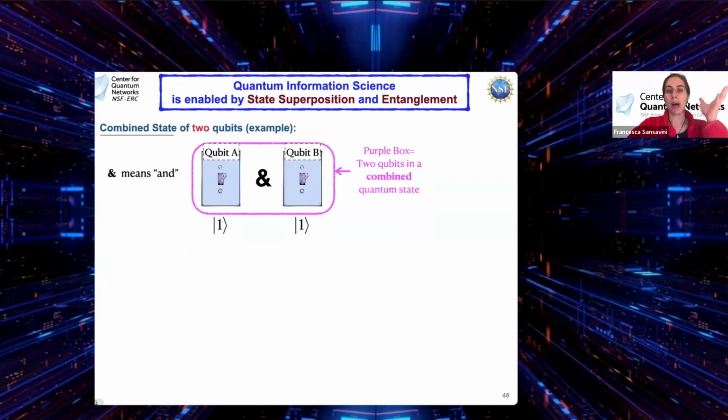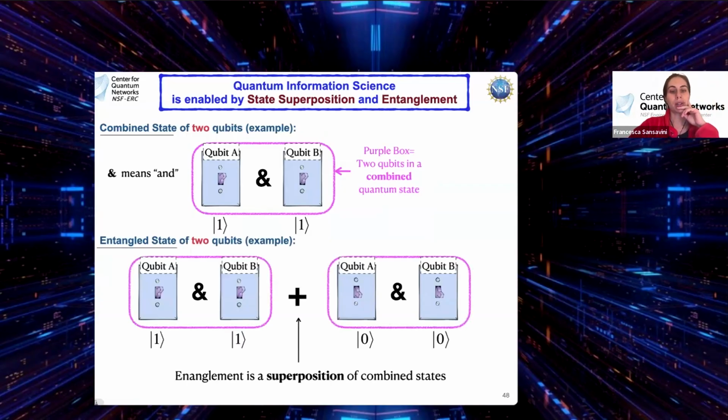We can have a combined state of 2 qubits, for example, here. So we have, for example, qubit A and qubit B, both in the on position. So in this case, we will have a combined state 1, 1. And the combined state we will represent with this ampersand sign. But we can also have a superposition of 2 combined states, and this is what we will refer to as an entangled state of 2 qubits.